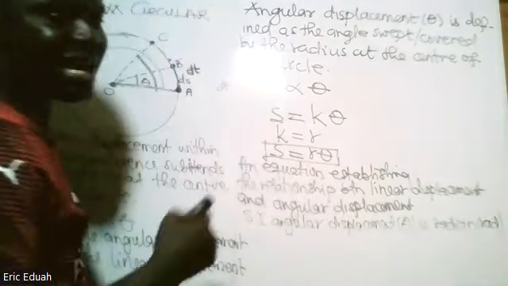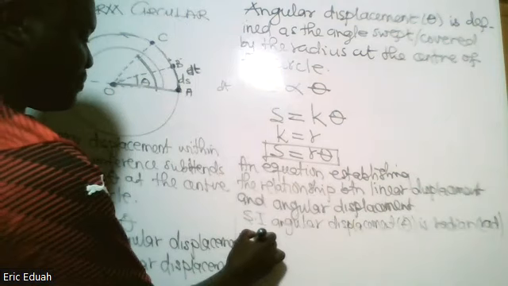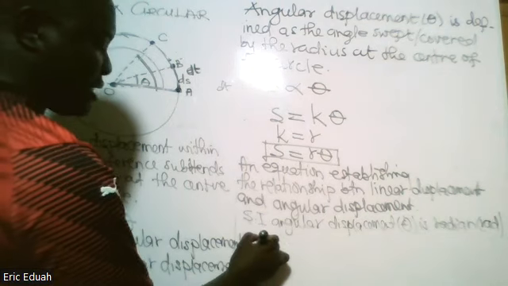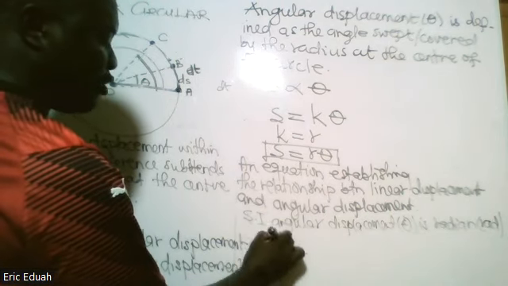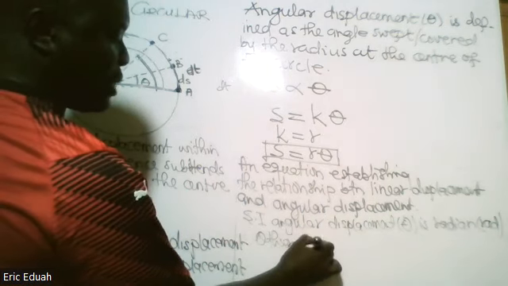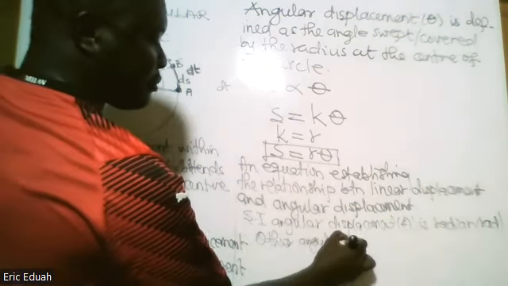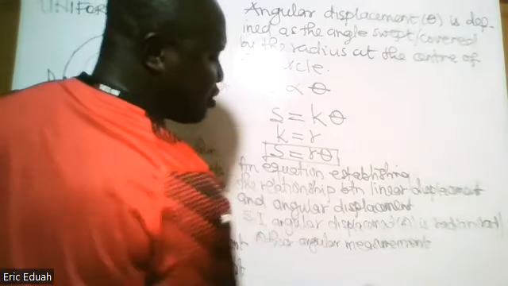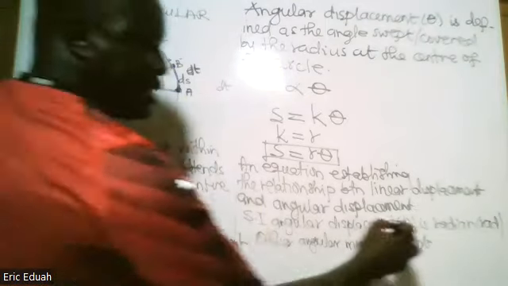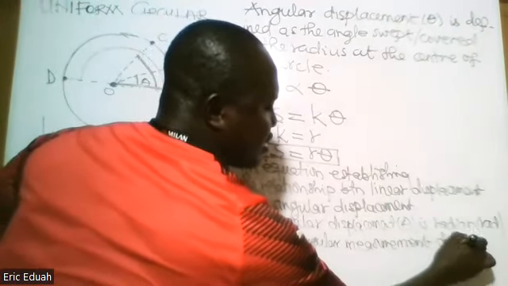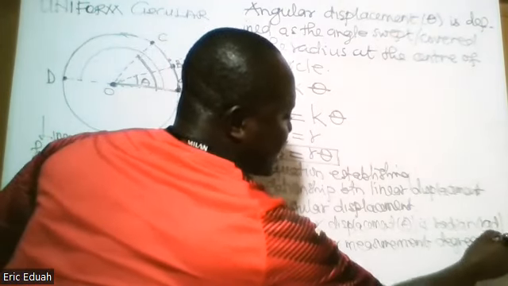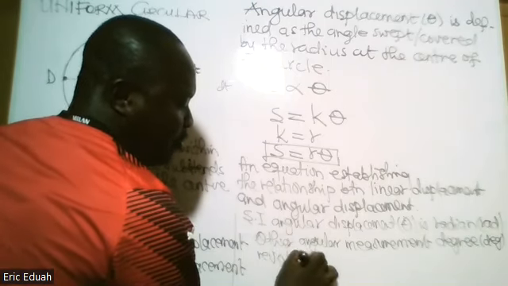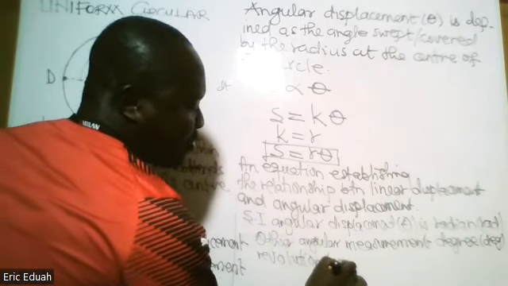I said the radian is the SI unit. Other angular measurements can be the revolution, and our usual degree, shortened as deg, and then revolution, shortened as rev.